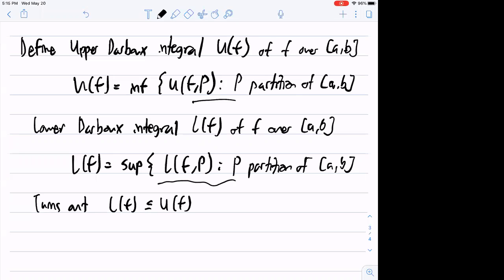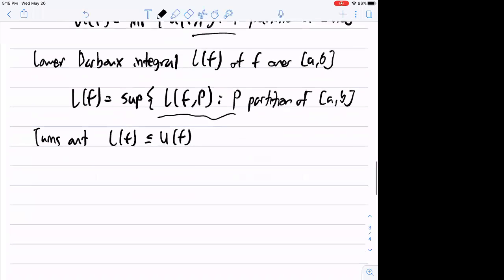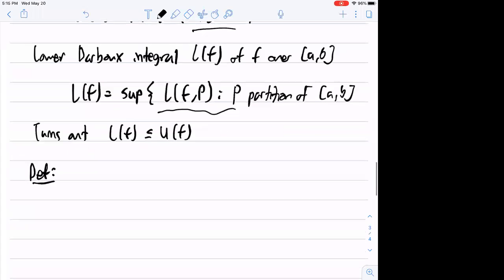So again, define: just like how if lim sup equals lim inf, it's the limit, f is integrable on [a,b] if and only if L(f) equals U(f), right?